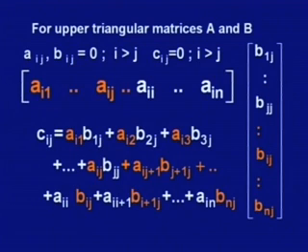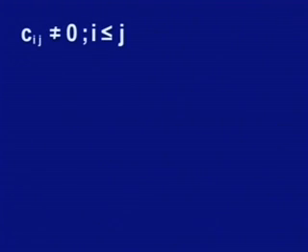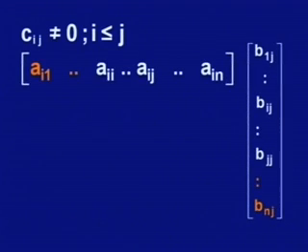Now, we have to prove that on the upper triangle all the elements need not be 0. So, for this purpose, to show that the element Cij appearing on the upper side of the diagonal, Cij is not 0 whenever i is less than or equal to j, we consider this element Cij whenever i is less than or equal to j.